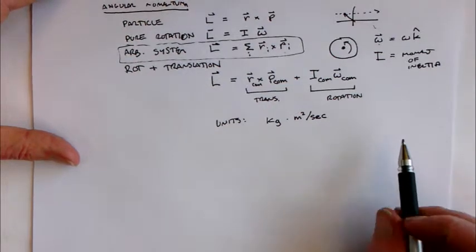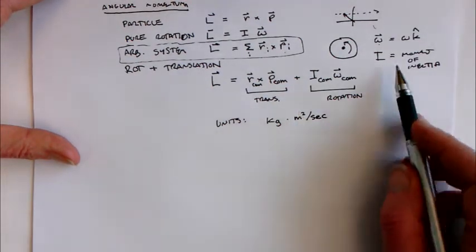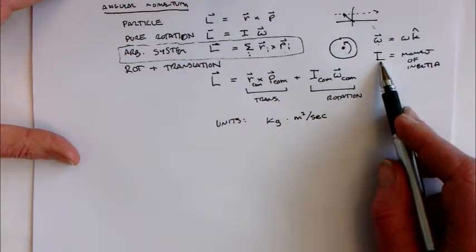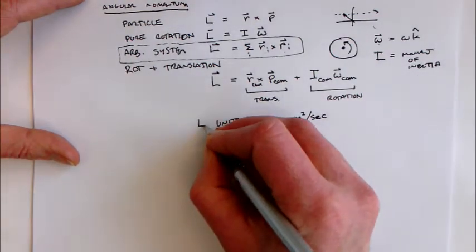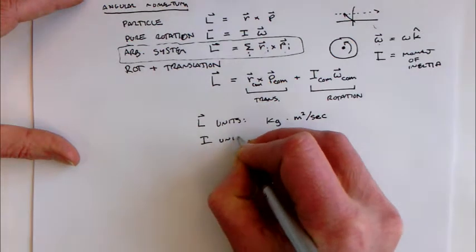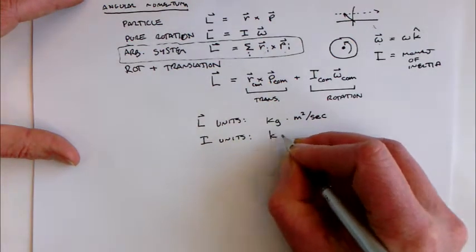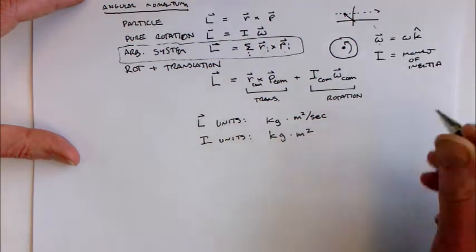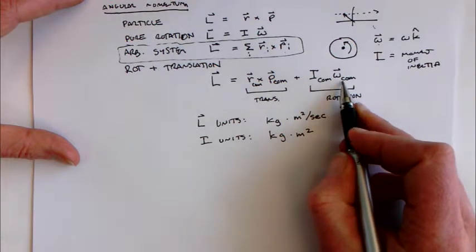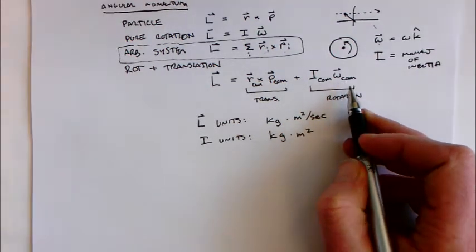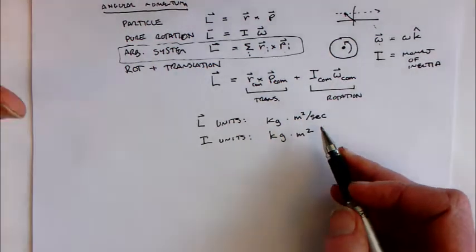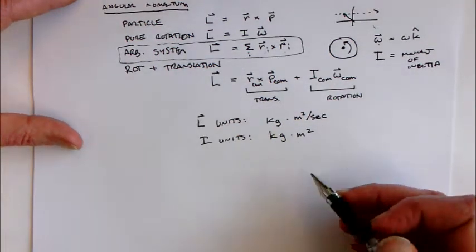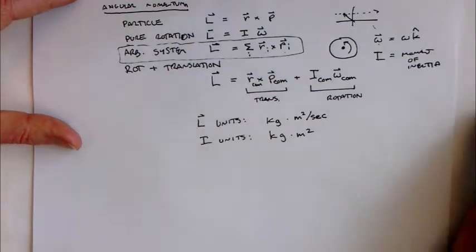You can also see what the moment of inertia units are, which you can find by looking at how you calculate moment of inertia: it's simply kilograms times meters squared. Angular velocity has units of radians per second. Radians are dimensionless, so you pick up the per second from the omega, and moment of inertia is kilogram meters squared.